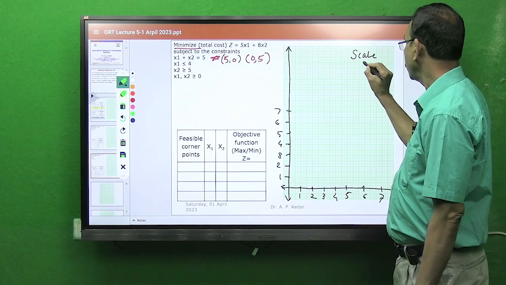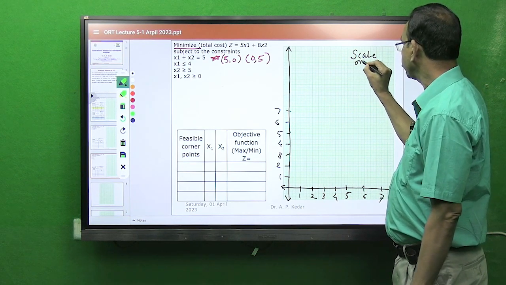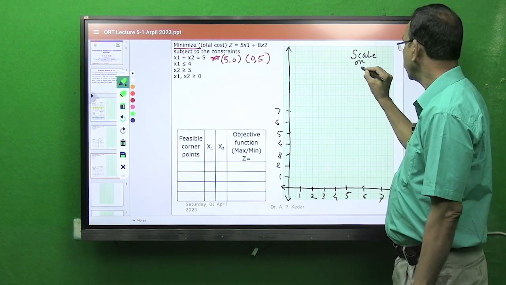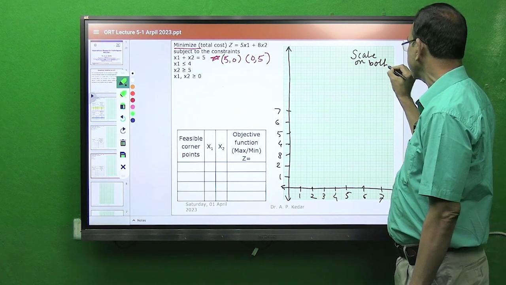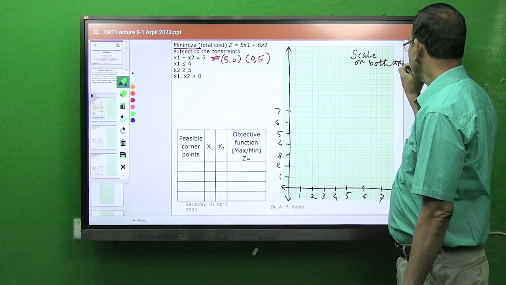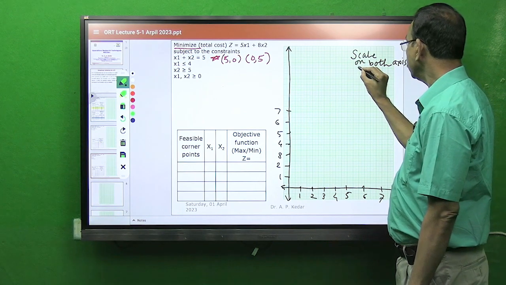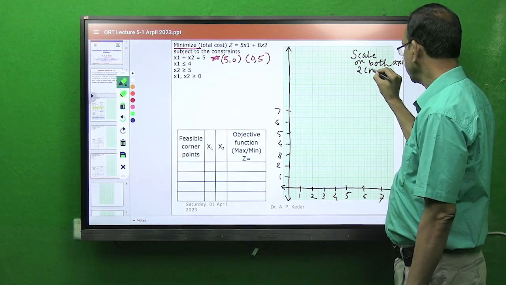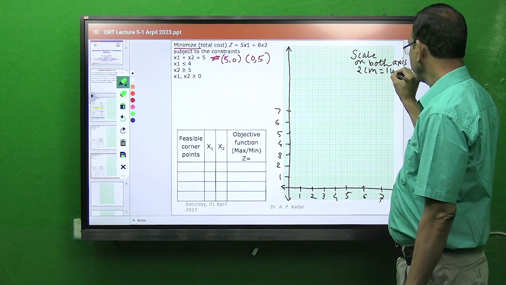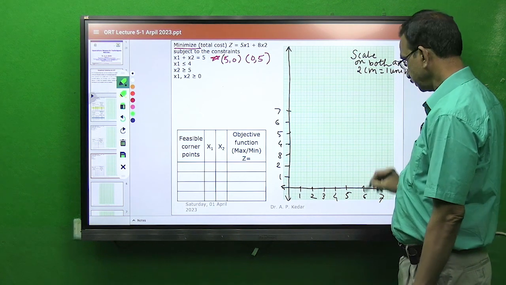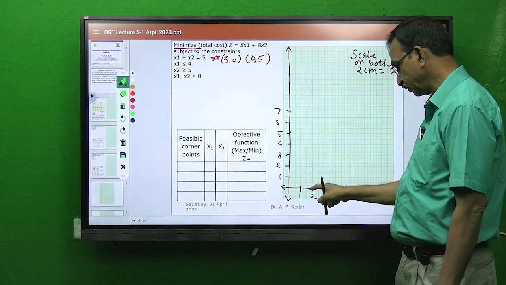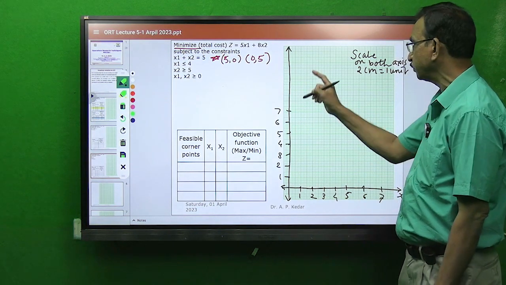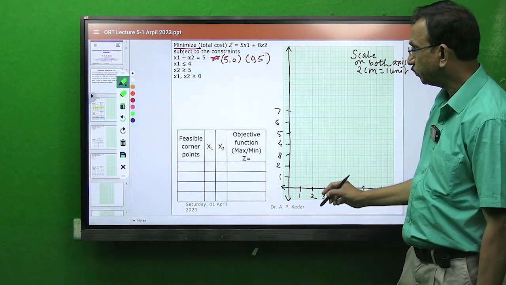Now I have to write scale here. Scale on both axes. Since it is same I can write both axes, or you can mention separately, 2 centimeter is equal to 1 unit. Say this is 2 centimeter, 2 centimeter is equal to 1 unit, same on y-axis. Now what we'll do?